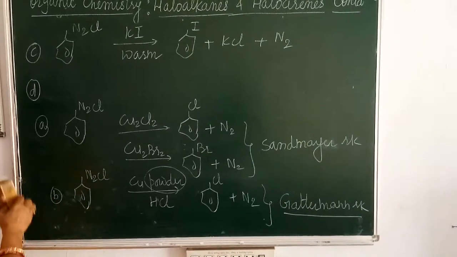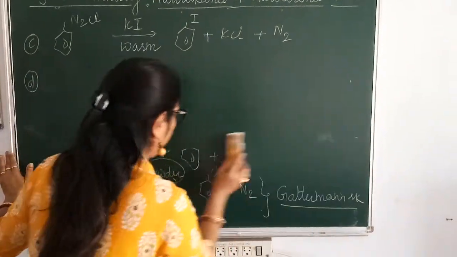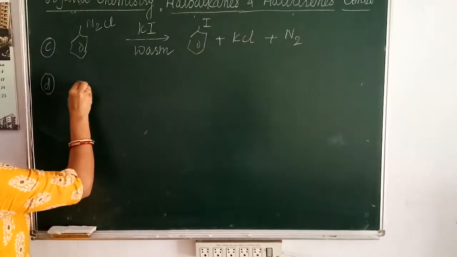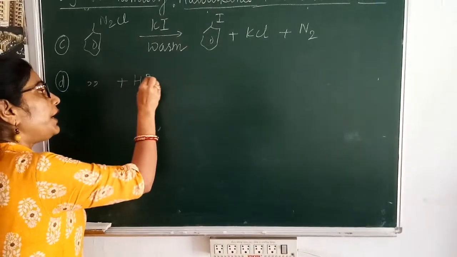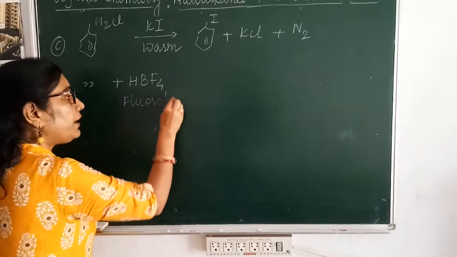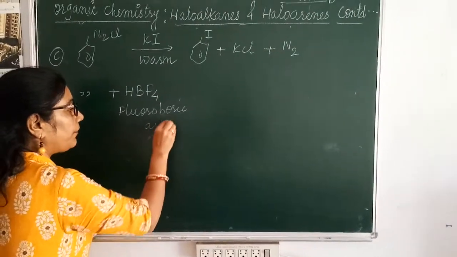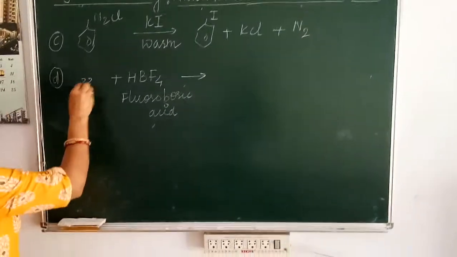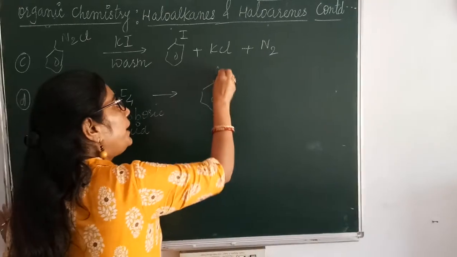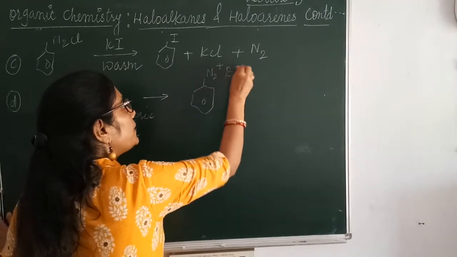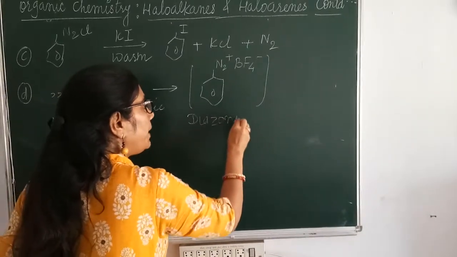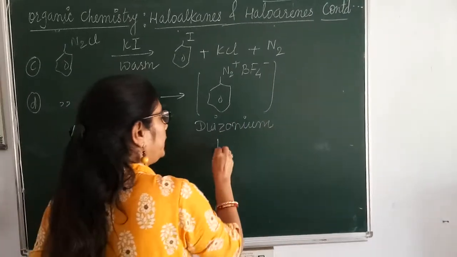And to prepare fluorobenzene, this diazonium salt is treated with HBF4, which is fluoroboric acid. Okay. And when diazonium salt is treated with fluoroboric acid, an unstable intermediate is formed, N2 plus BF4 minus, and this is known as diazonium fluoroborate.